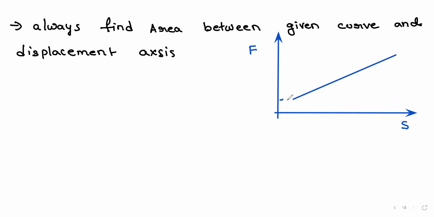This is 1 unit, this is 2 units, this is 1, this is 2. See, this is a force versus displacement graph. We have to find the work done in this case. So what is work done in this case?